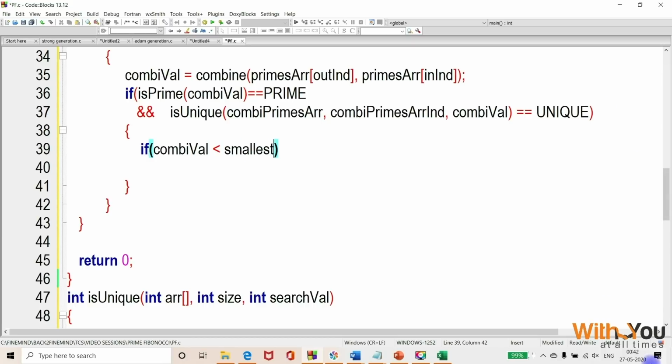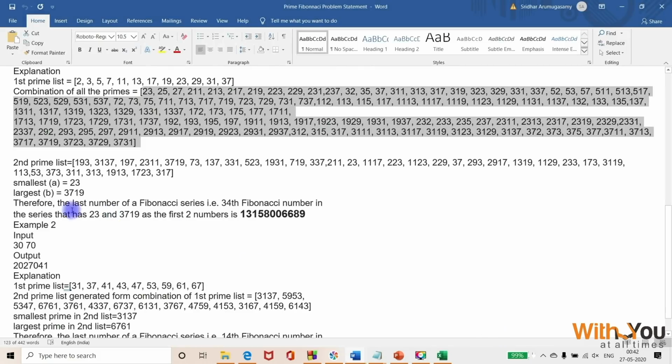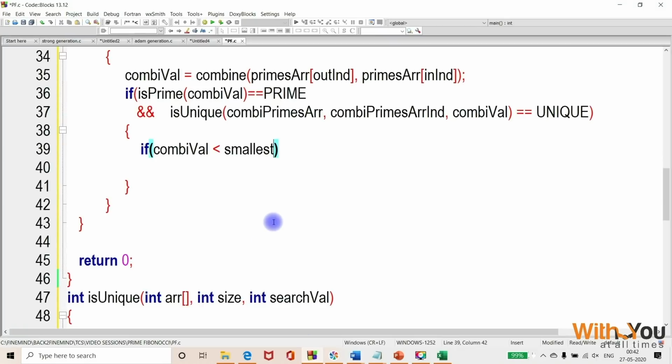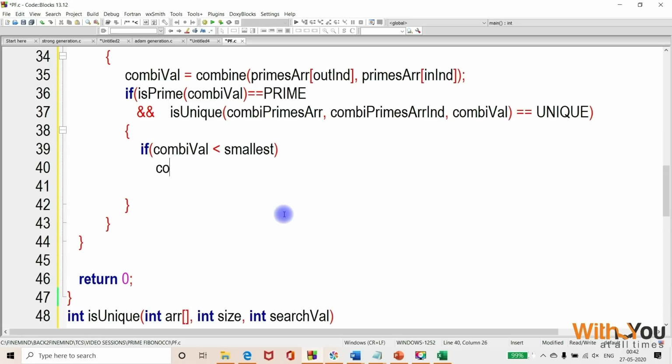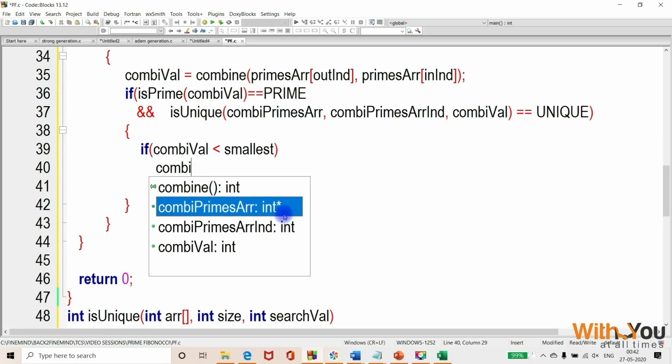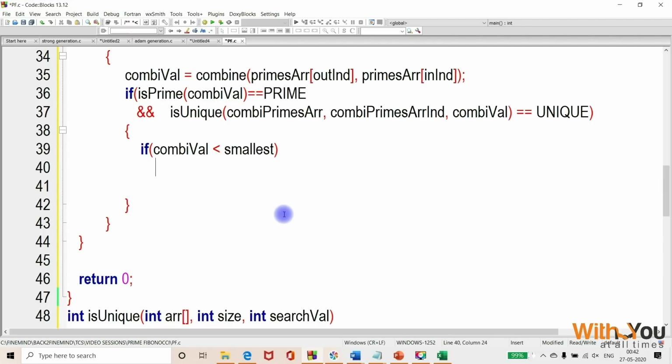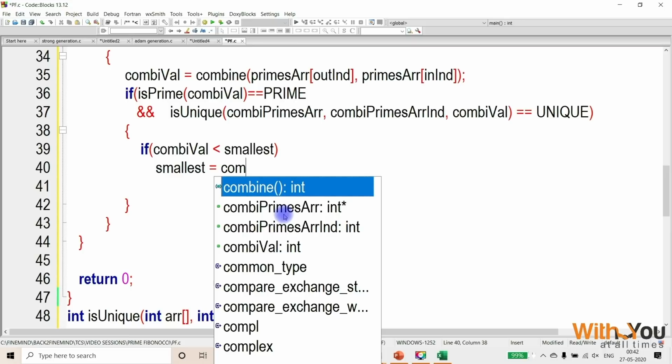Remember, they had said find the smallest and largest. So if it is smaller than the smallest, you are the one who is now smallest. Smallest is equal to combi val.